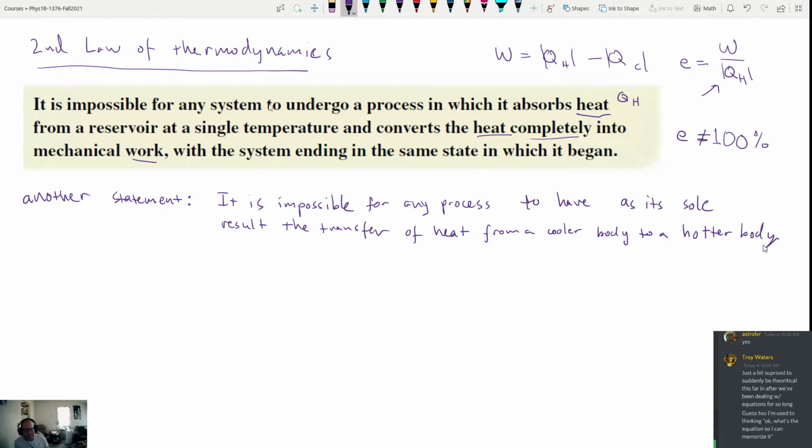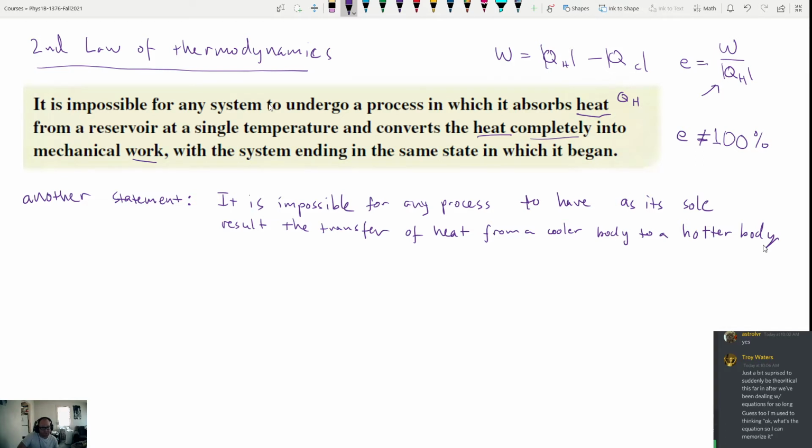The point from this one is that it's putting the second law of thermodynamics into a way of stating it that is, I think, somewhat obvious to us, if I can use that word. Or maybe the better word is to say that this turns it into a common sense statement.